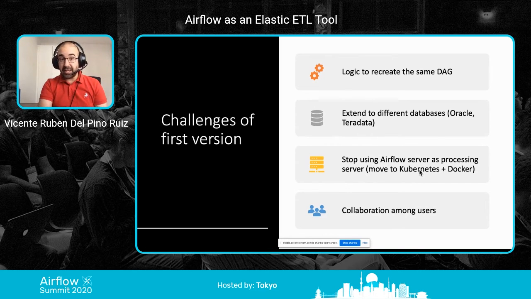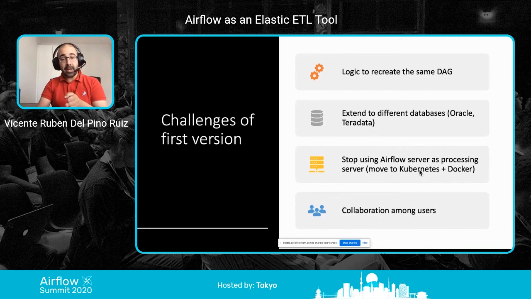So something that we have tested in my area is to use Airflow for executing Spark code using Kubernetes and Docker. So basically you have Airflow, it's the orchestrator, and for each task that you want to execute, you connect to Kubernetes, you spin up your Docker instances, you execute the task, and then you kill your Docker instances.